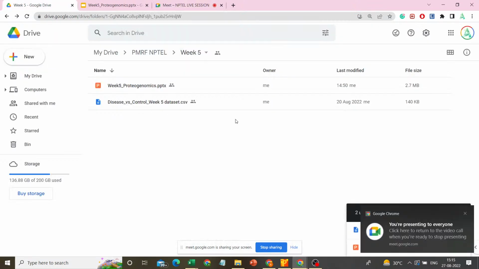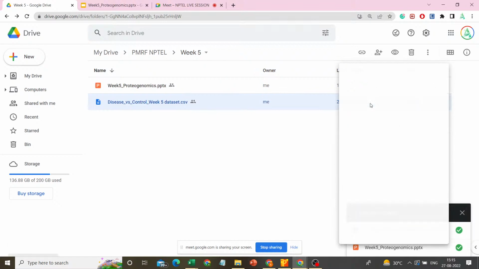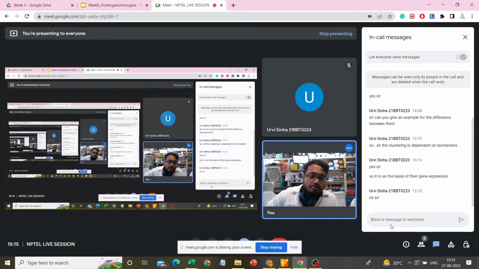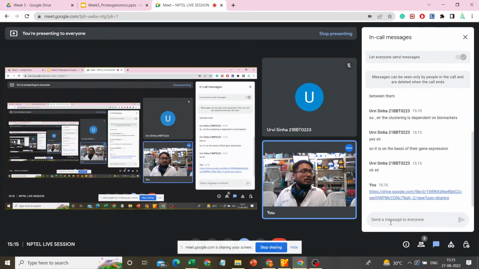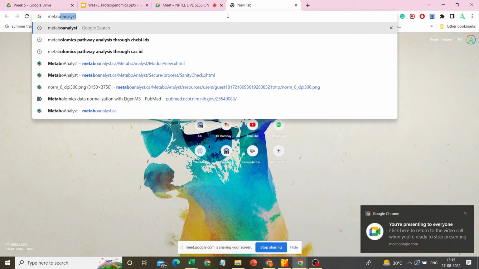Now, I am sharing the data set. So let us do it. First thing, you already know. So first you will tell me what steps are to be followed, and then we will start looking at whether we can cluster or not.